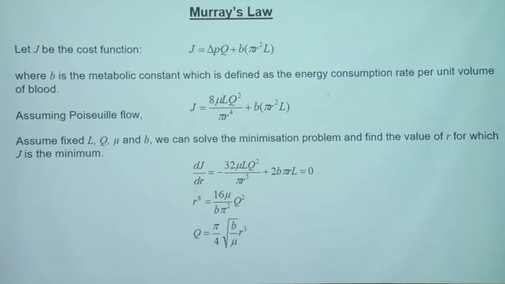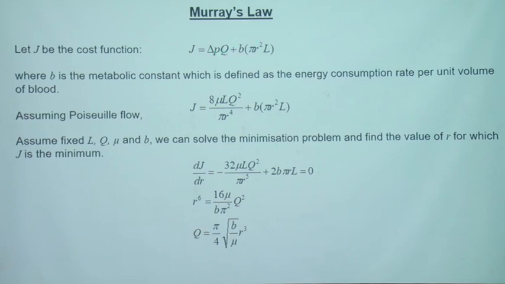So if you want to solve an optimization problem, you first write the cost function. The cost function J consists of two parts. The first part is the pumping power required to drive blood flow through blood vessels. This is the product of the pressure drop and the volumetric flow rate.